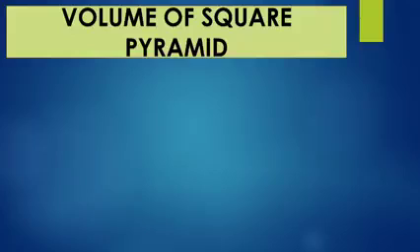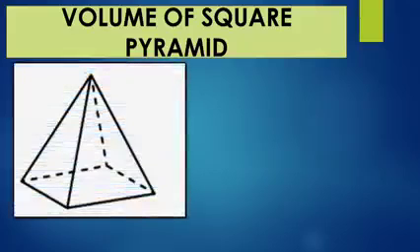Next is finding the volume of square pyramid. So again, this is our square pyramid. Our givens are as follows. We have the base of your pyramid and the height or the altitude of your pyramid.